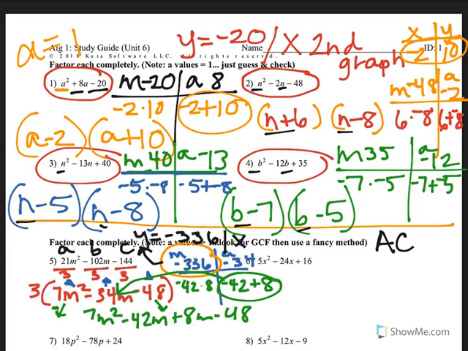Okay, and then like usual, I am going to pull out a GCF from that. So I'm going to put parentheses around it, and I'm going to bring down this 3 because I already had pulled out this 3 earlier. And then I'm going to find the GCF that I can pull out from each term.